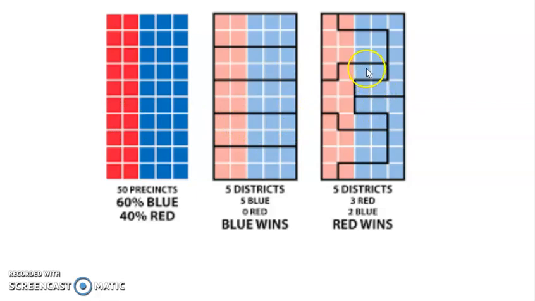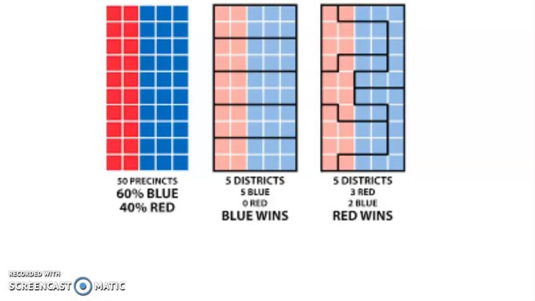But if I got creative with the way that I drew these, I could divvy it out into 5 equally sized districts, right? So each one of these has the same number of grid squares. However, in 1, 2, 3 of these, the reds outnumber the blues, and in these two, the blues would have more. So depending on how you create your sample can drastically influence the outcomes of your survey.